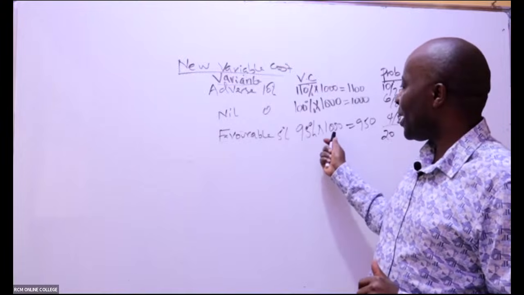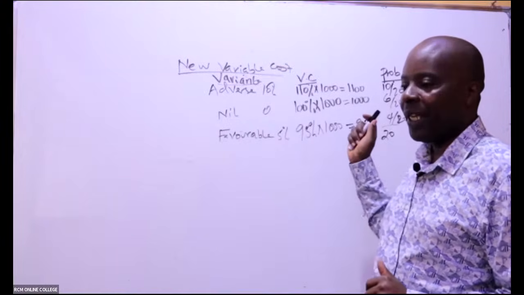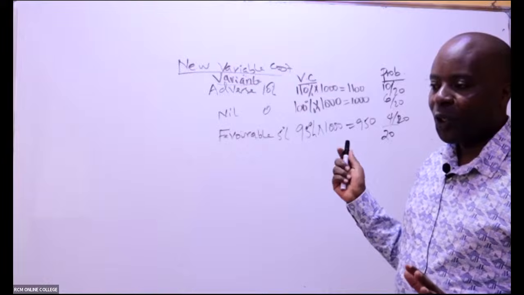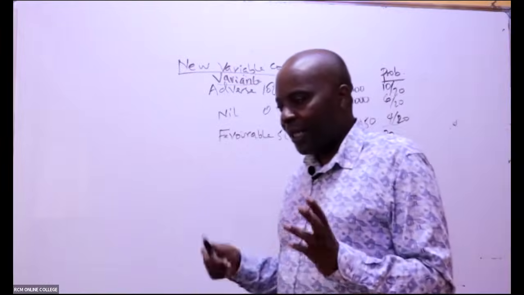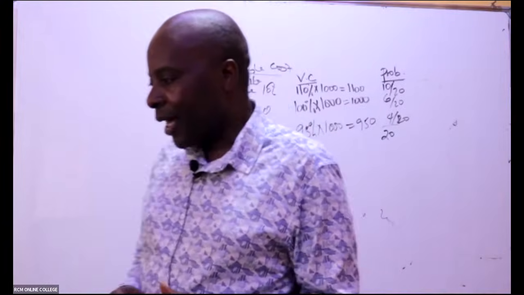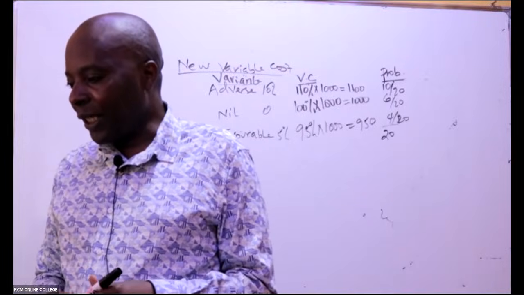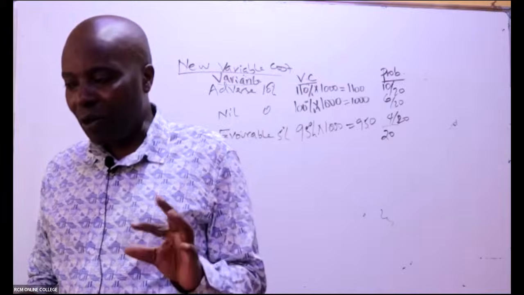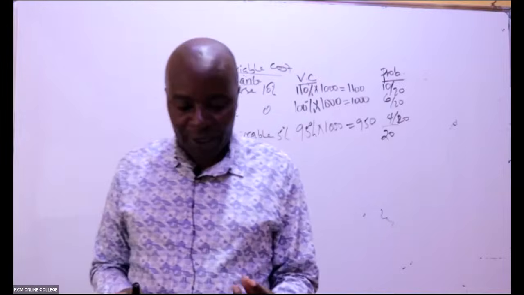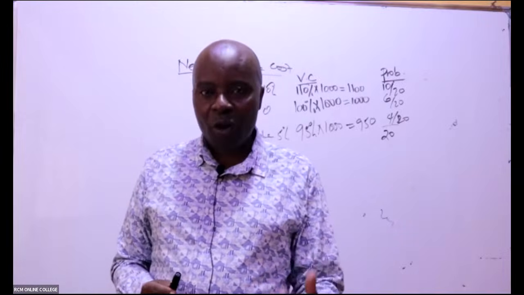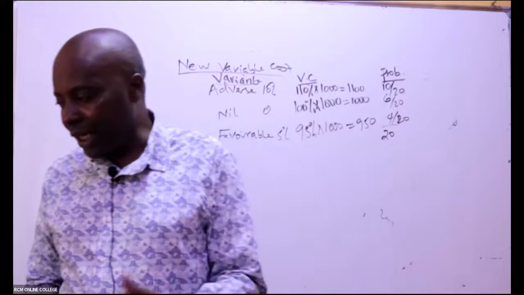So 95% of 1,000 is 950. That's what we did. I hope, ladies and gentlemen, this is now a little bit okay. It cannot be 100% okay, but I hope now you are able to get some glimpse, some light, which you can now ride on to understand this later.